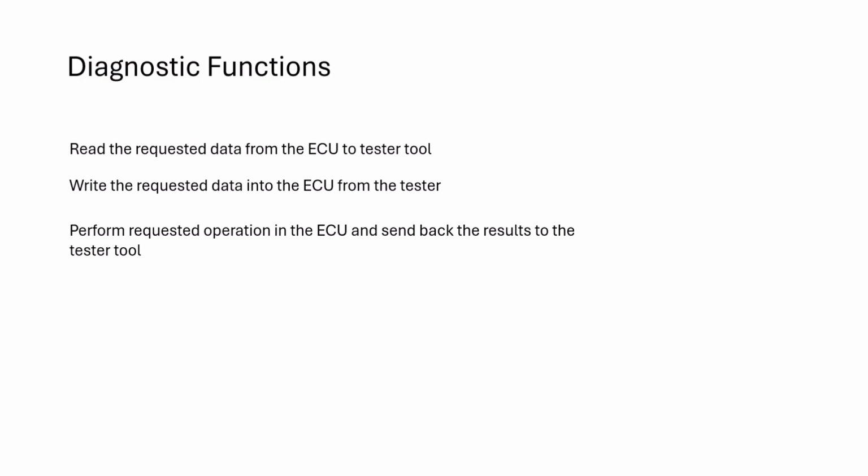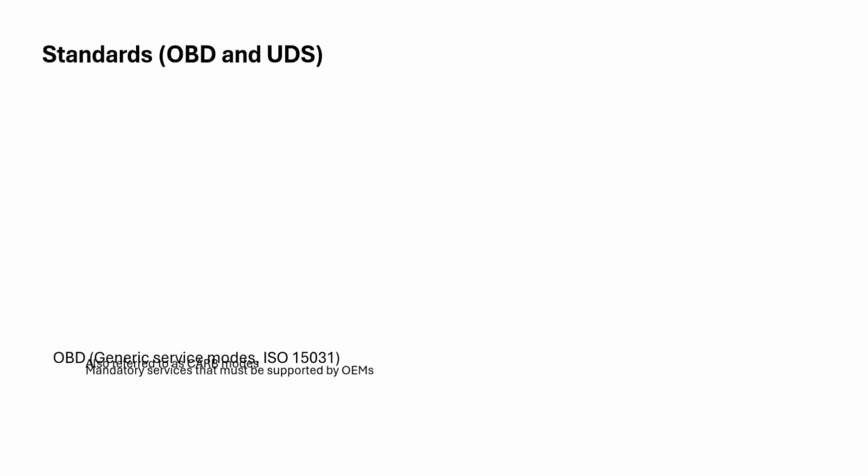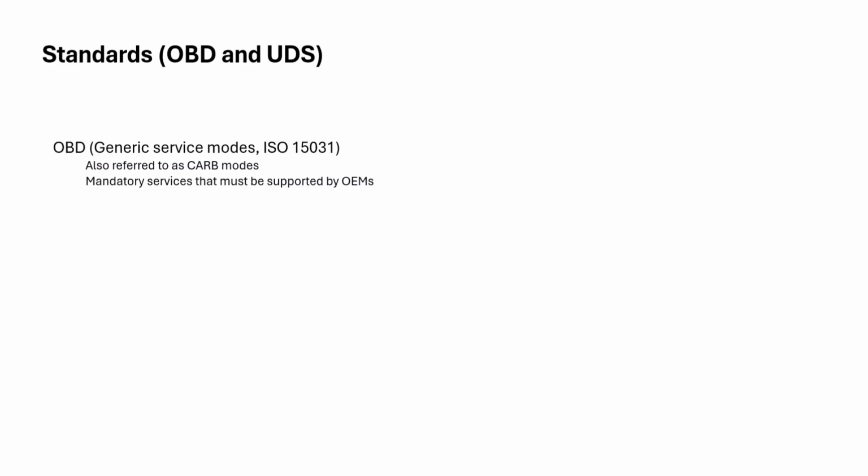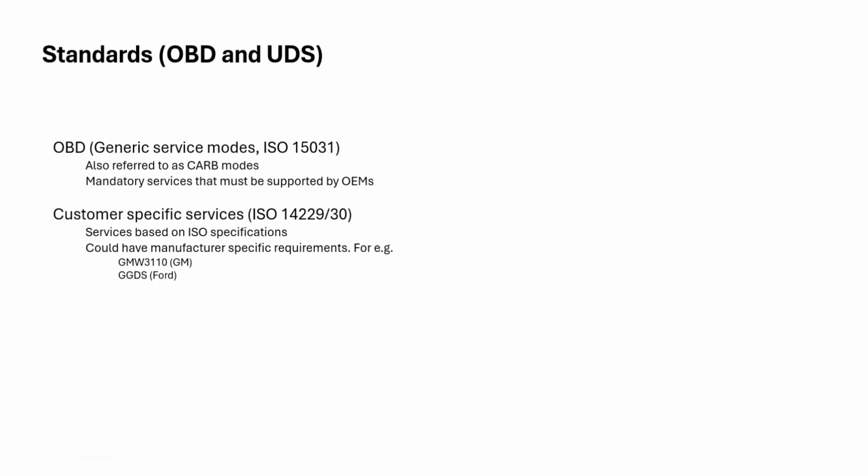If you see the standards, we have OBD standards. We have the generic service modes, ISO 15031, also referred to as CARB modes, or mandatory services that must be supported by OEMs. On the other hand, we have customer specific services, ISO 14229. That is the UDS specification we discussed, with routines, clear DTCs and all.